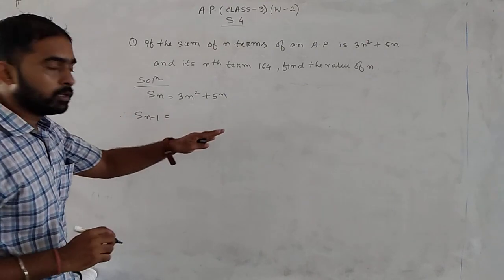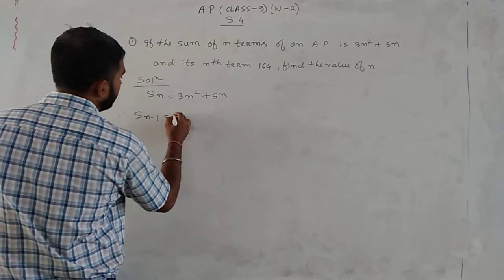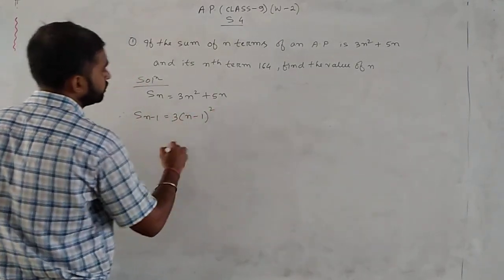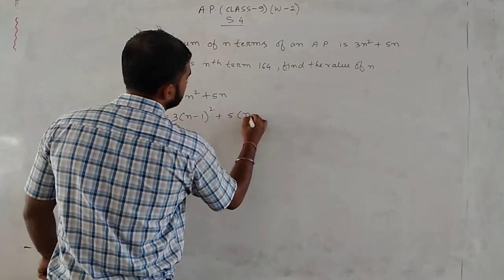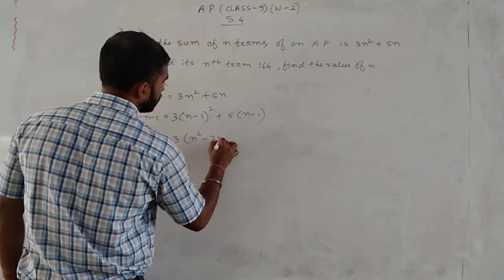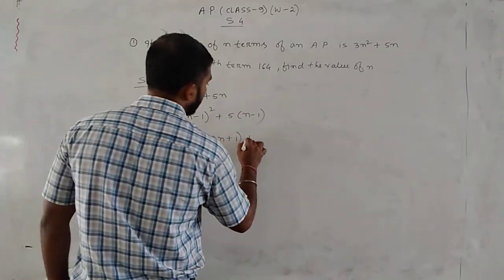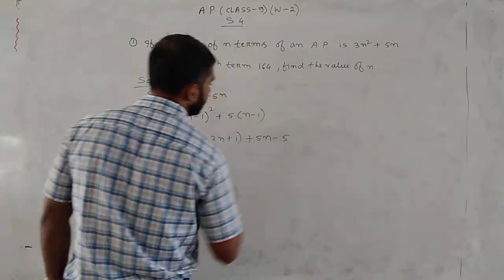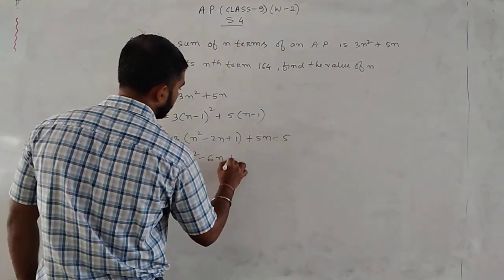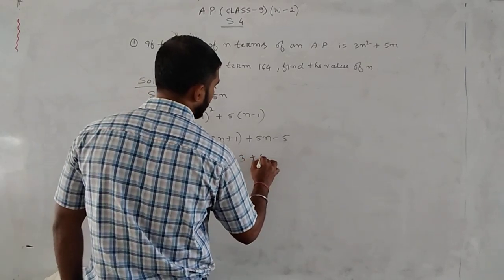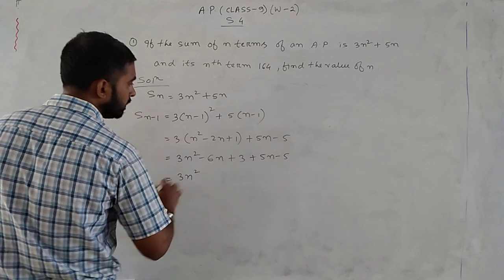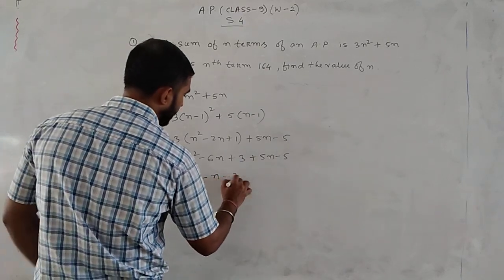So on the right hand side also we replace n by n minus 1, 3 times n minus 1 whole square plus 5 times n minus 1, that is 3n square minus twice n plus 1, plus 5n minus 5. So 3n square minus 6n plus 3 plus 5n minus 5. So 3n square minus n minus 2.